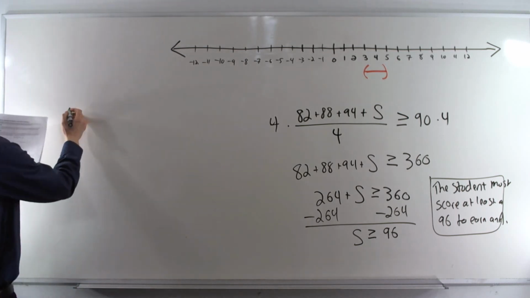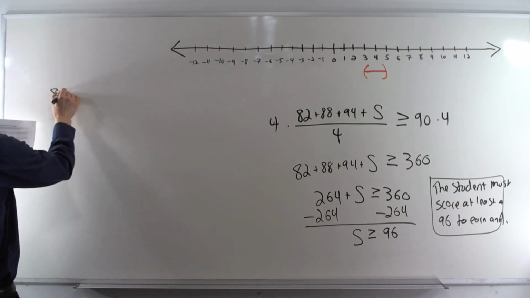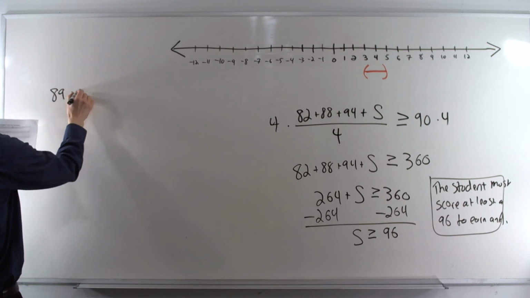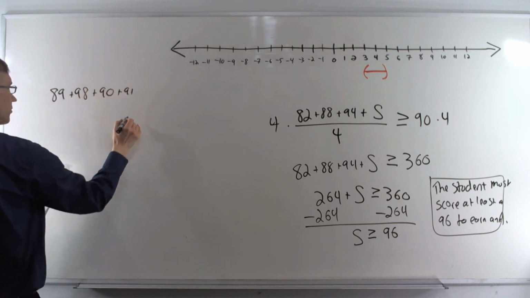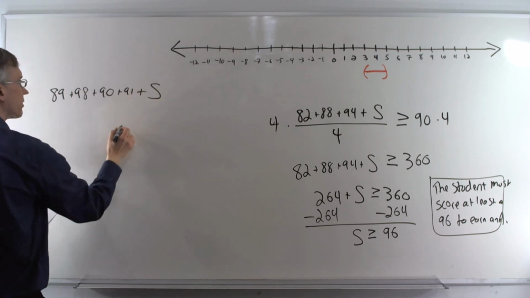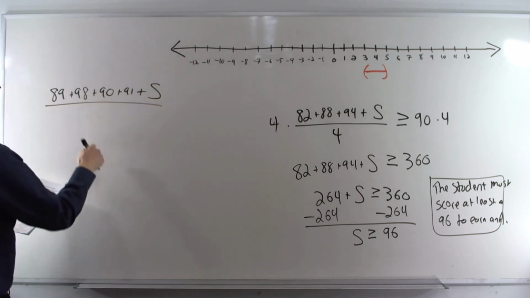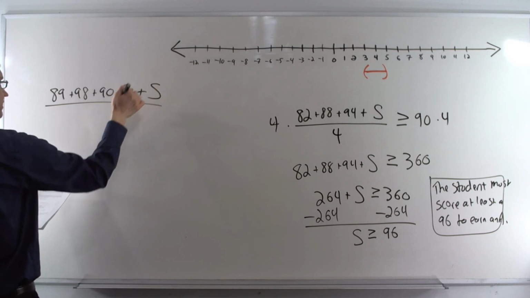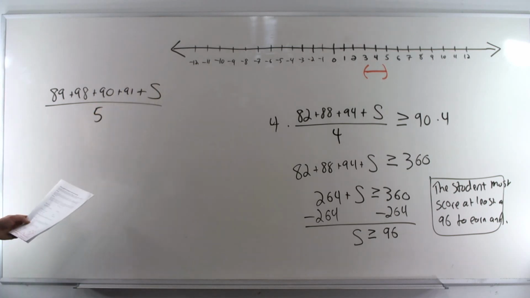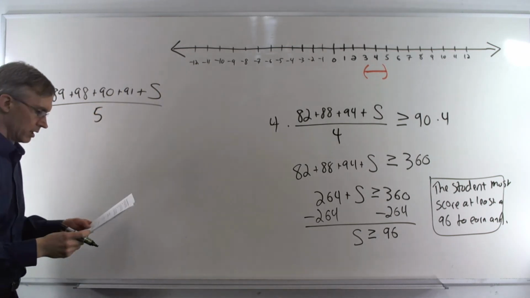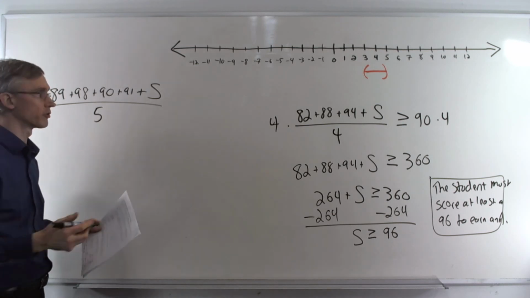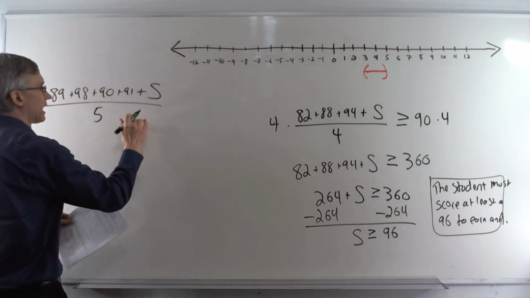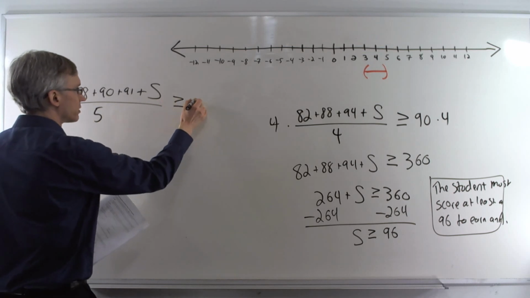On this one, the student has scores of 89, 98, 90, and 91, and we don't know the last score, so I'll put an S there. And since we're adding up 5 exams for this one, we'll divide by 5. Student needs to average at least a 93, so 93 or greater. So this average has to be greater than or equal to 93.